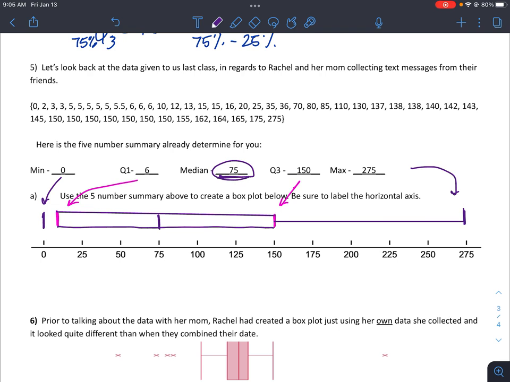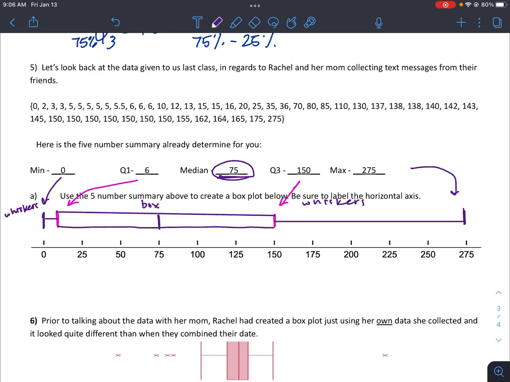If you have outliers, it works a little bit differently. And Q1 you extend to the minimum. So this is called your box, and these are referred to as whiskers. A box plot has a box and whiskers.